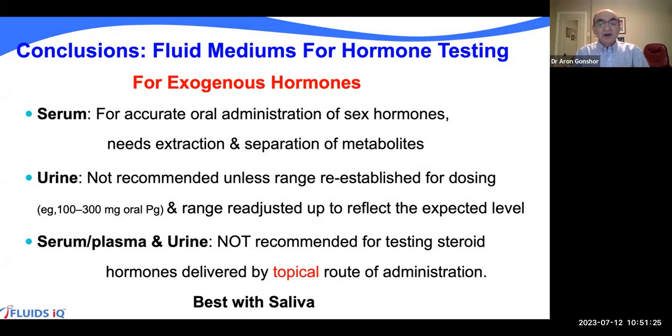Urine, it's not recommended unless the range is reestablished for dosing, etc., which you can get with 24-hour urine. Serum and plasma and urine are not recommended for testing steroid hormones which are delivered by topical route, as I said just a few moments ago. What is best? Saliva. How about that?